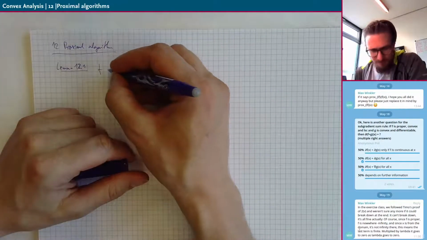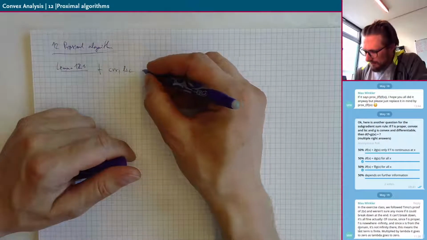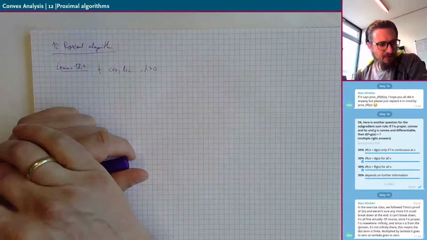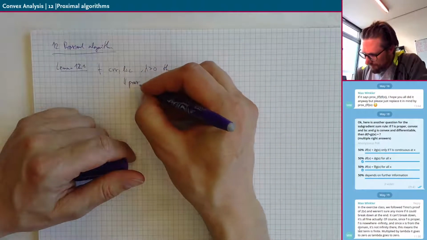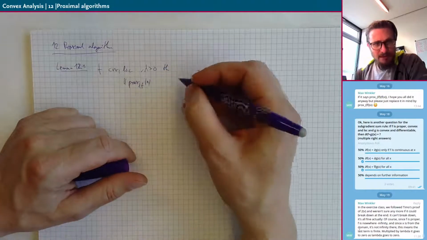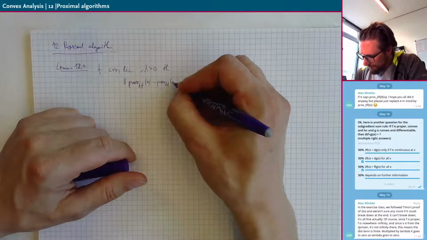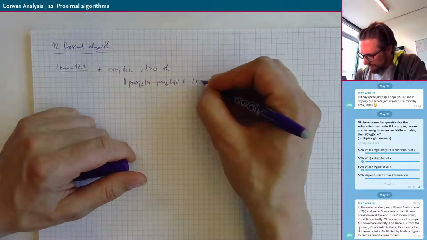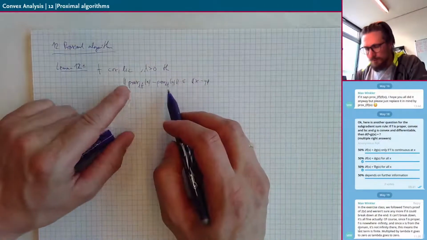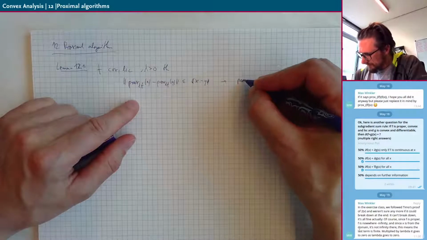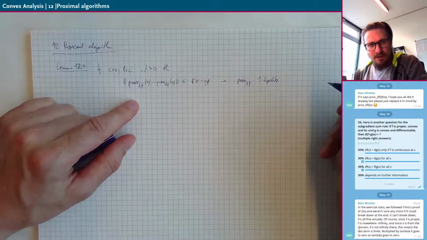So if f is convex and lower semi-continuous, and lambda is any positive number, then the distance of the prox of x to the prox of some other point y is bounded by the distance of the points. This means that prox lambda f is 1-Lipschitz.